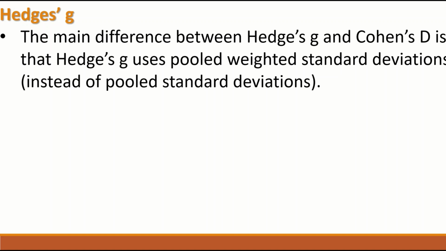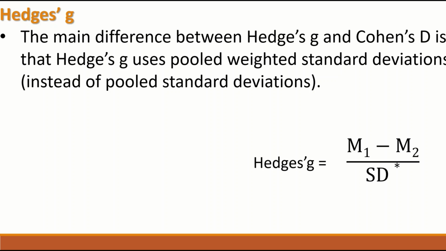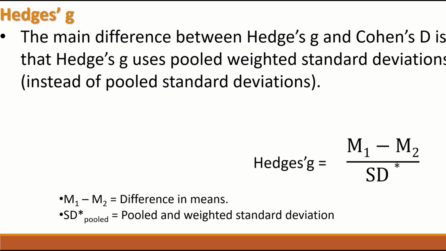It means that the main difference between Hedges and Cohen's D is that Hedges uses a pooled weighted standard deviation instead of the pooled standard deviation when performing meta-analysis. So the equation for Hedges G is equal to the mean of the first group minus the mean of the second group divided by the standard deviation, which is in this case the pooled and weighted standard deviation.